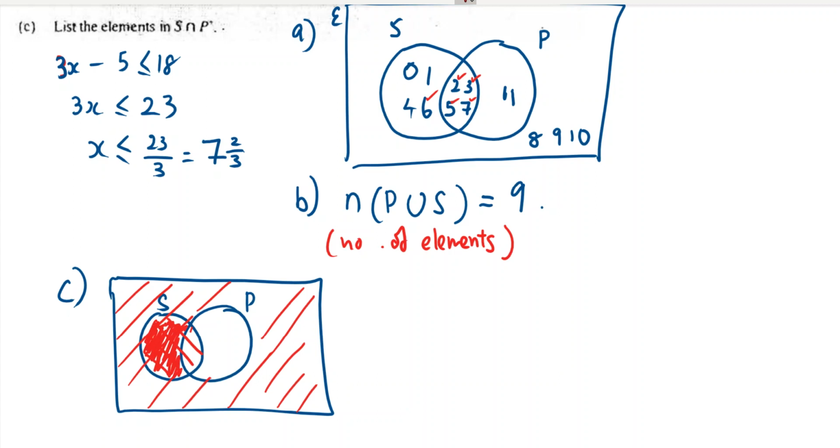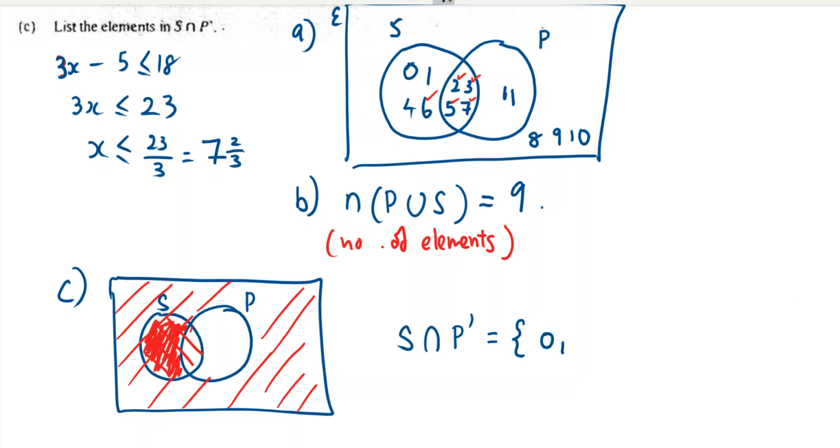If you have a very good sense of visualization, you can visualize where the regions of S and P prime overlap each other, and find out where the elements are. The answer is given this way also to test whether you know that S intersect P prime is a set. When it is a set, you have to put the elements in set form, which means in brackets.